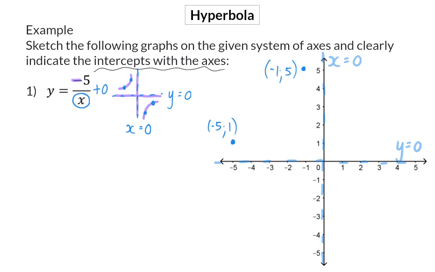If I substitute x with 1, I will have the coordinate 1 and -5. And when I substitute x with 5, my second coordinate will be 5 and -1. And now we can go and draw the 2 parts of the hyperbola. Remember that when connecting these dots, this is a curve and not a straight line that moves closer to those 2 asymptotes but never touches them.